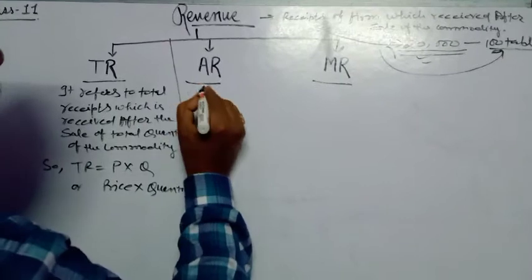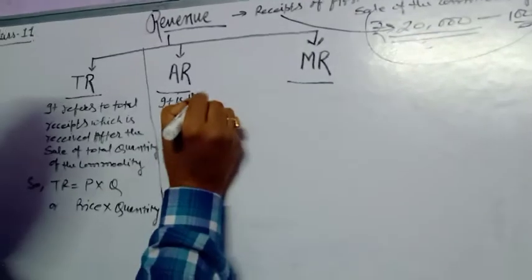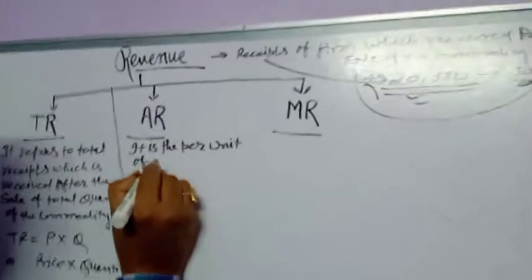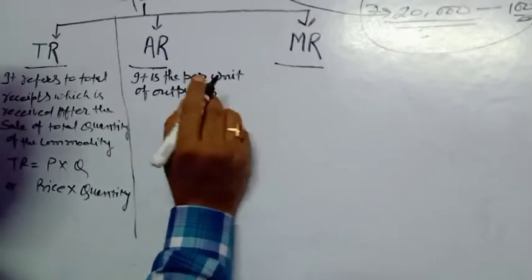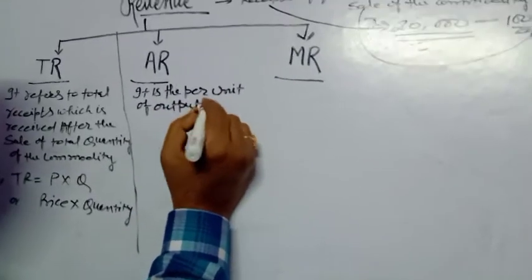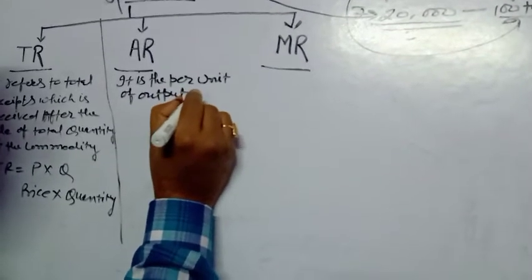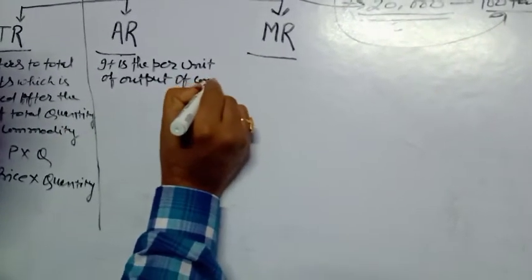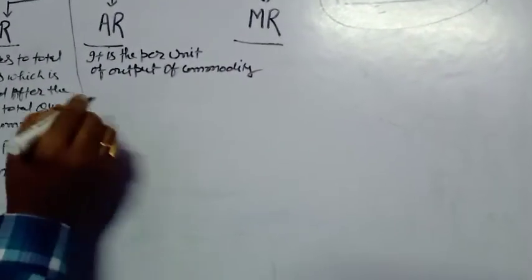Now AR. It is the per unit of output of the commodity that is sold.